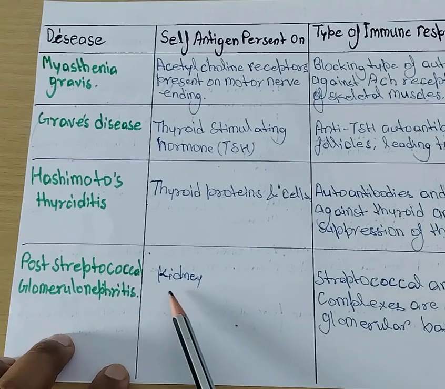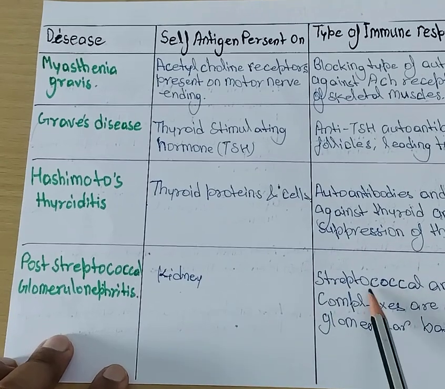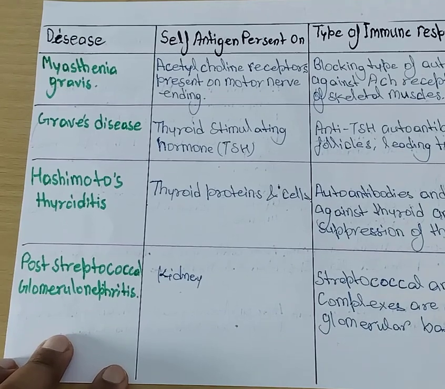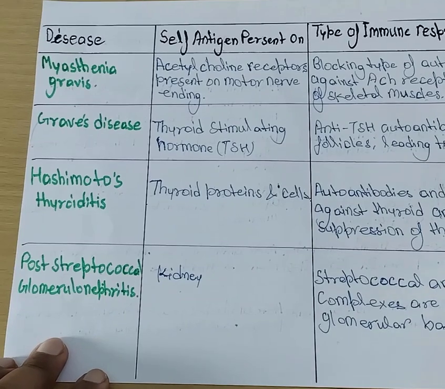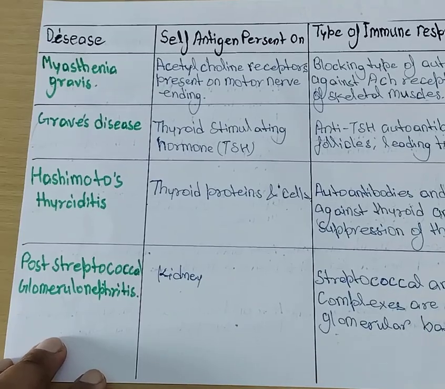Here the self-antigen is present on the kidney glomerulus, and streptococcal antigen-antibody complexes are deposited in the glomerular basement membrane, leading to damage or inflammation of the glomerular basement membrane.